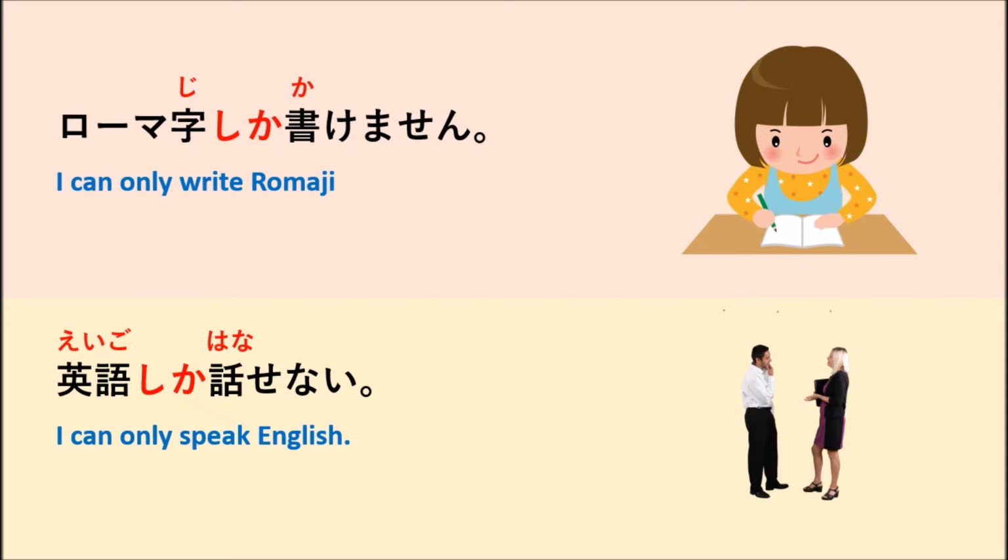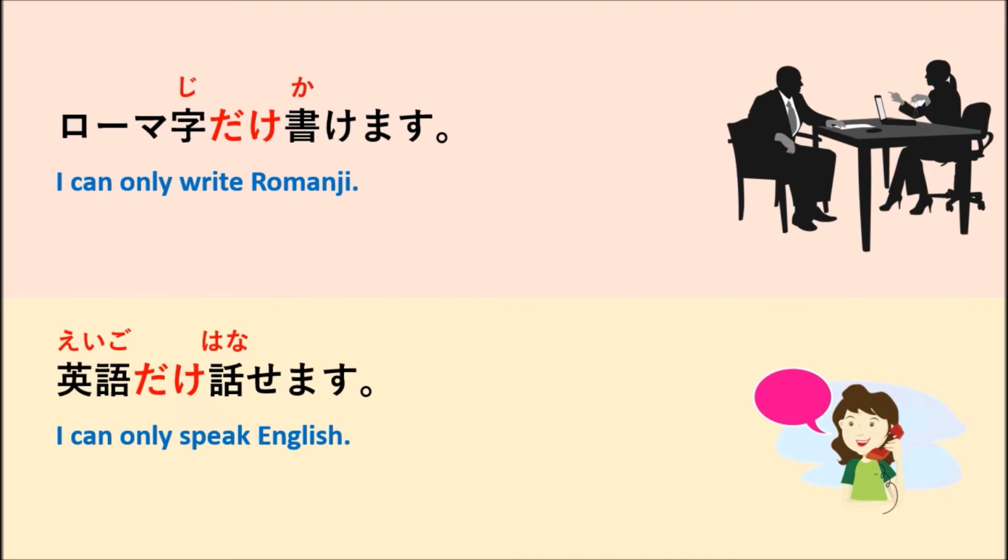So I hope that you understand how to use shika. And next we learn how to use dake. As you see here, we have two sentences using dake. The first sentence says, ローマ字だけ書けます。Which means, I can only write Romaji.